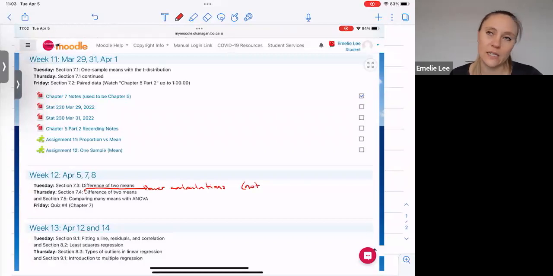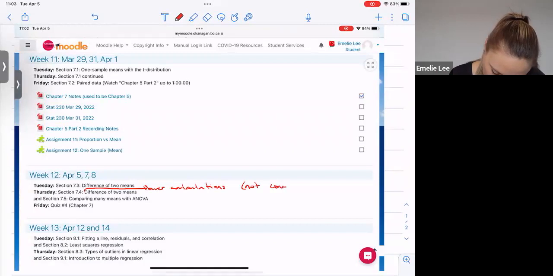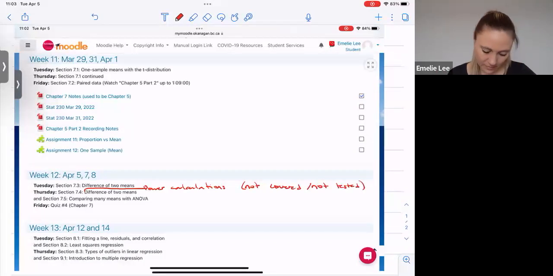You can read it if you're interested, but it's not going to be tested, so we're going to skip it. Not covered, not tested. So 7.4, we're skipping it.